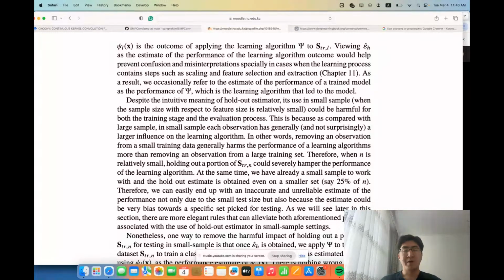This is because, compared with a large sample, in a small sample each observation has generally a larger influence on the learning algorithm. In other words, removing an observation from a small training set generally harms the performance of the learning algorithm more than removing an observation from a large training set. Therefore, when n is relatively small, the holdout portion could severely hamper the performance of the learning algorithm.